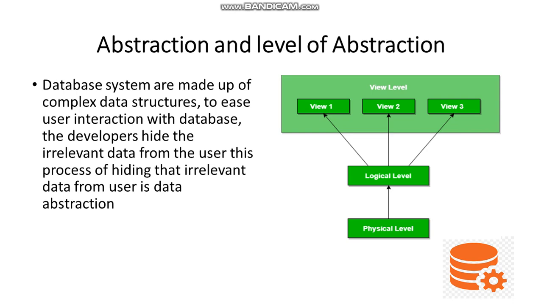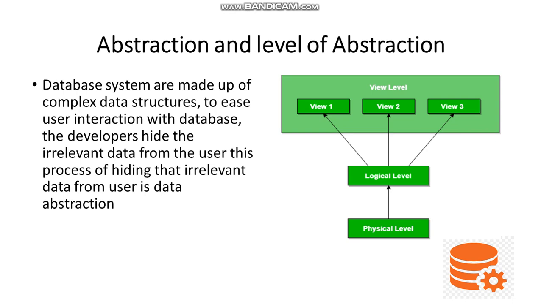This process of hiding that irrelevant data from user is data abstraction. So here your database is made up of complex structure. Now where it is stored, how the data is getting stored, and in which format it is getting stored, that is none of the business of user. So user only knows that much, how much it is required for user to use the database. That is called as abstraction.